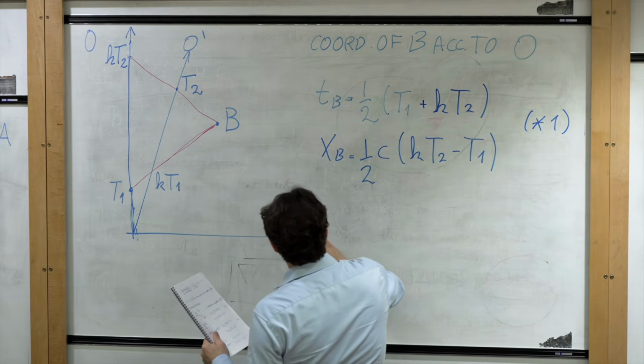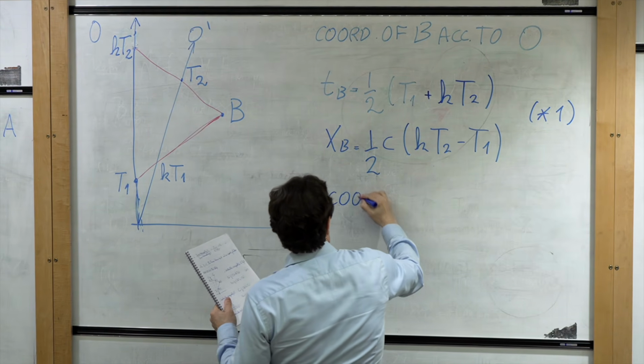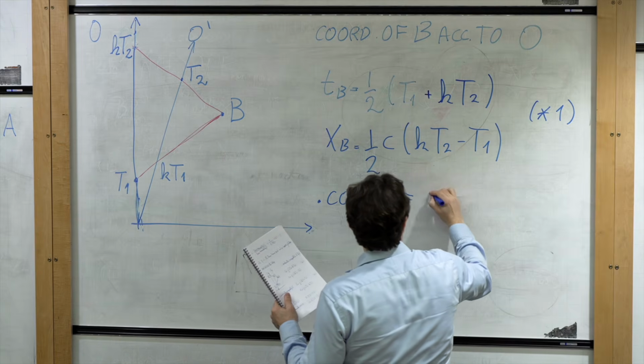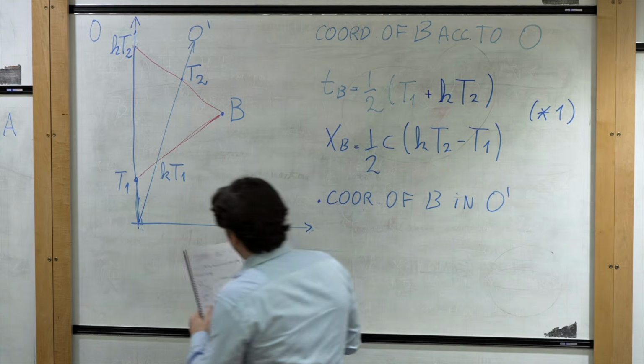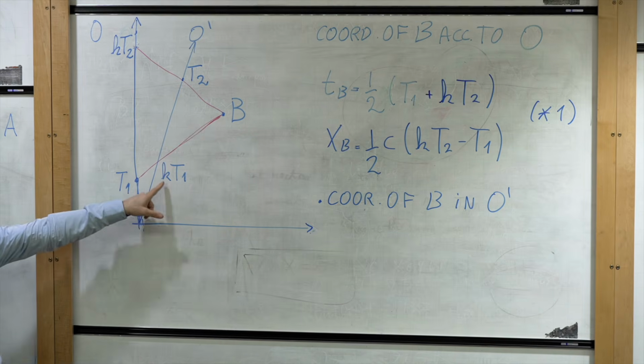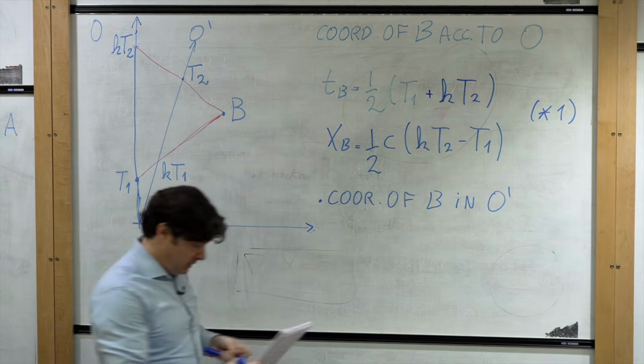But if you ask O prime, the coordinates of B in O prime can be found the same way, but now with times K T1 and T2, okay?